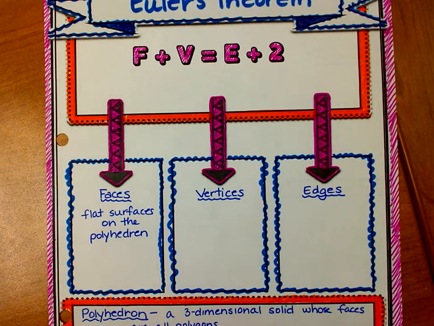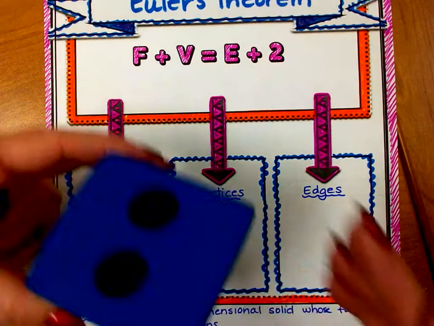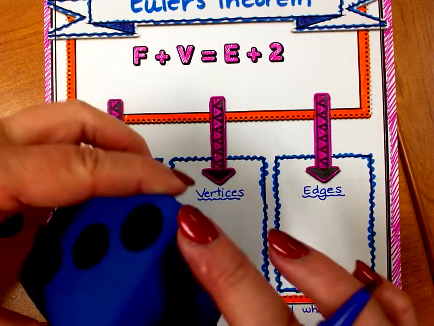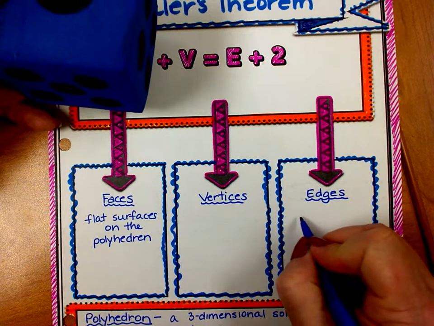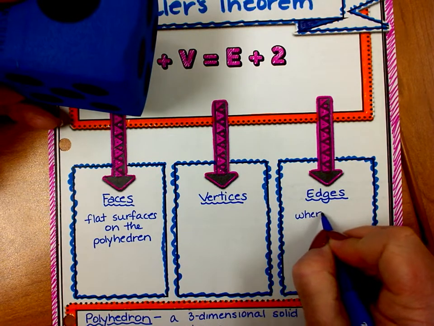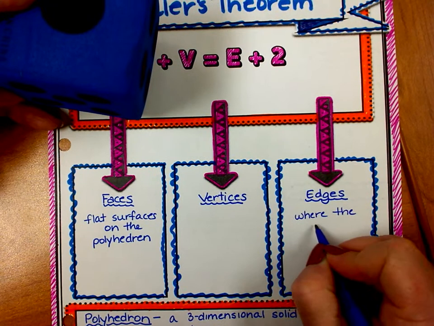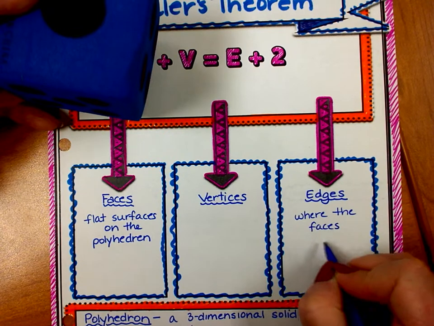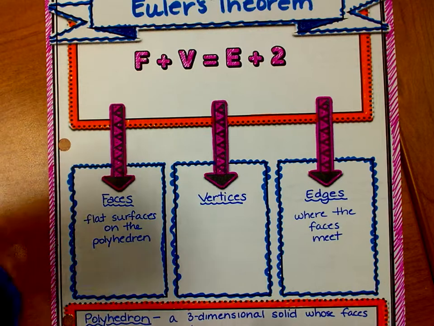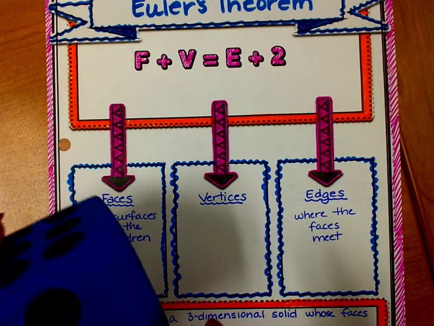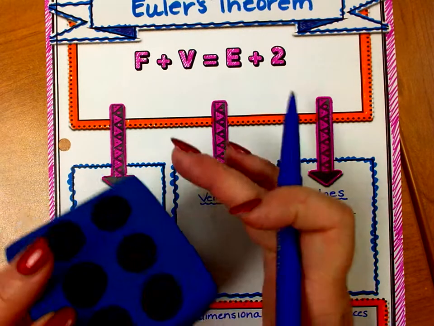Okay, and then we have edges. And these lines right here where the faces meet, these are the edges. Okay, and finally we have the vertices. And the vertices are these corners.